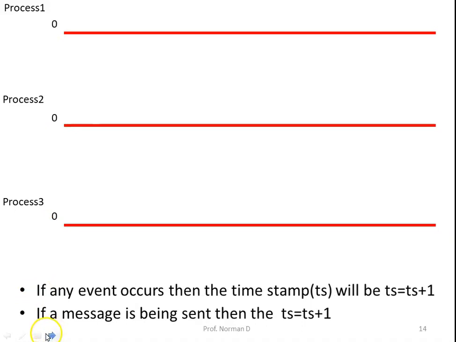Now, as we have seen in our introduction of Lamport's algorithm, if any event occurs, then the timestamp will be Ts equals Ts plus 1. That is the timestamp plus 1. If a message is being sent, then the timestamp will be the same, that is Ts equals Ts plus 1.